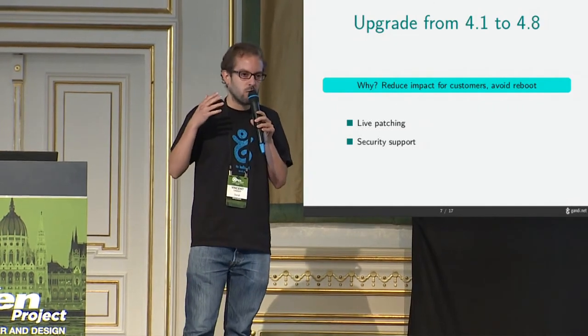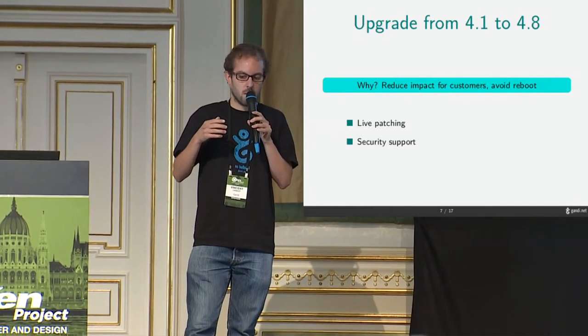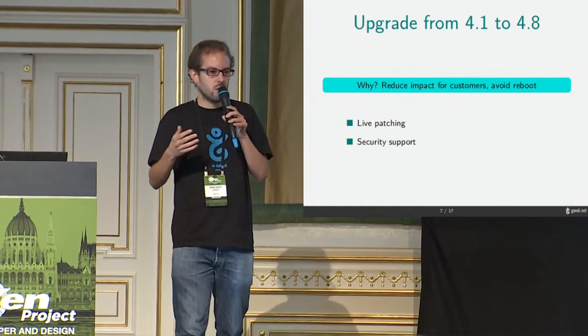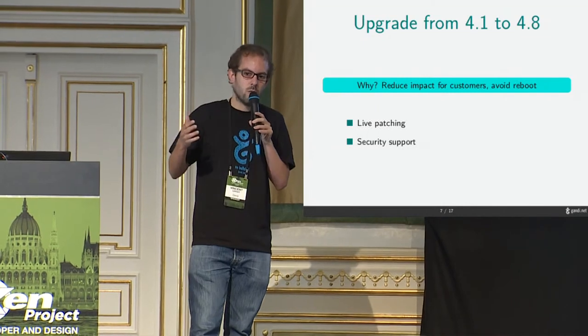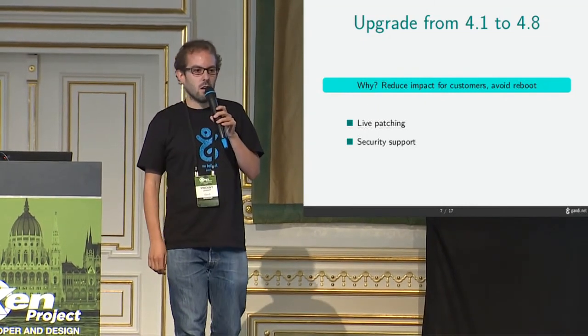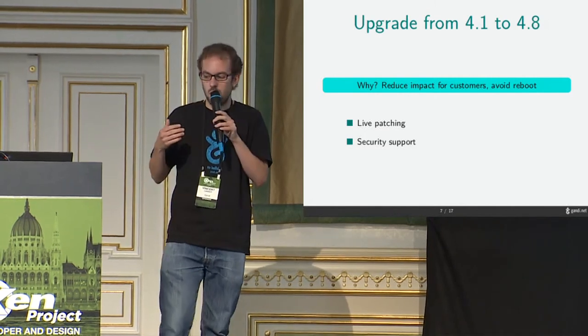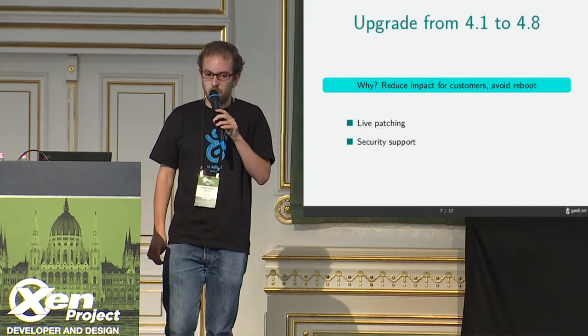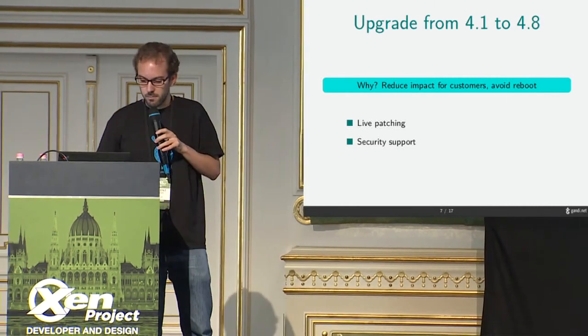For example, we wanted to reduce the number of reboots, especially when there was a security issue. So we wanted to be able to live patch or live migrate our VMs more. And also, Xen 4.8 had security support, so it was better from this perspective than Xen 4.1.